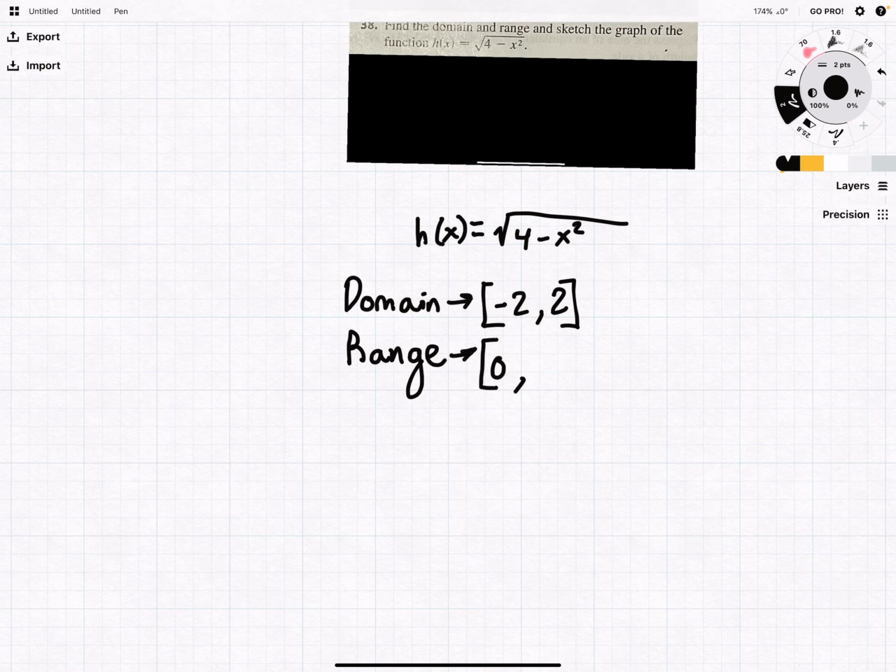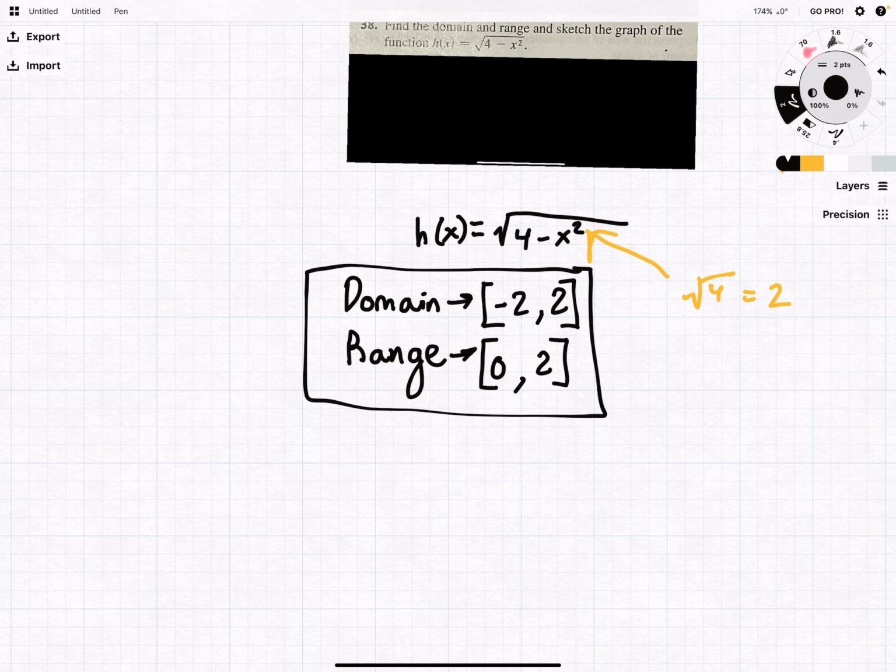Now the high end of the range, if we plug in 0 for x, then we would just end up with a root 4. And that would then just give us 2. So the range is going to be from 0 up to 2. And that's the first half of the question.